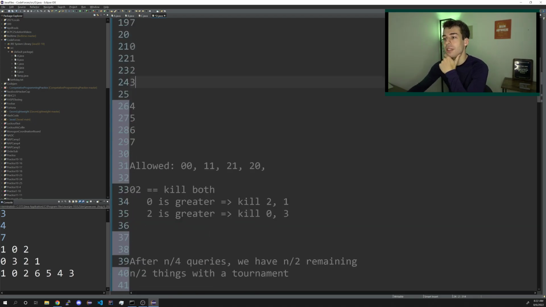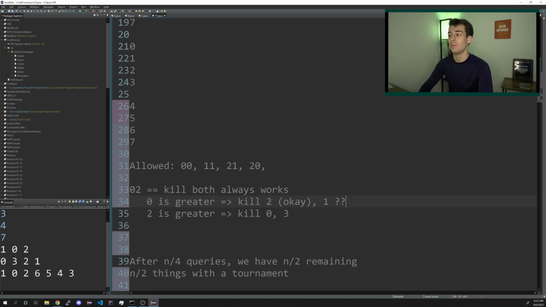All right, can I just continue using this? So if they're equal, kill both. That's always fair. So this always works. All right. What if one is greater than the other? I can kill the other. This is okay. What about killing one? This is kind of sketchy.